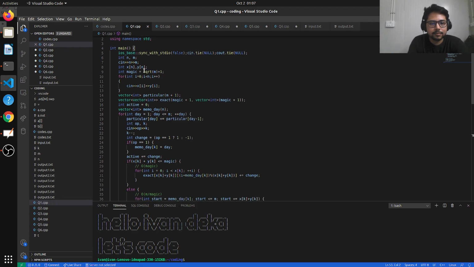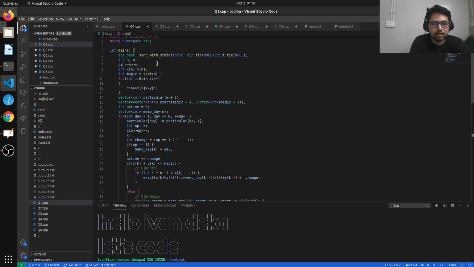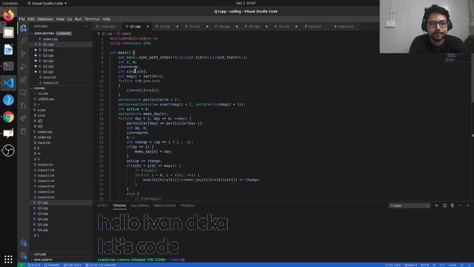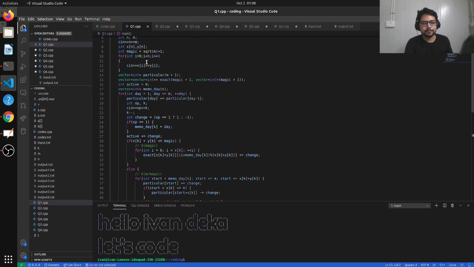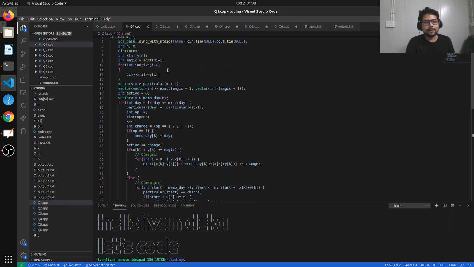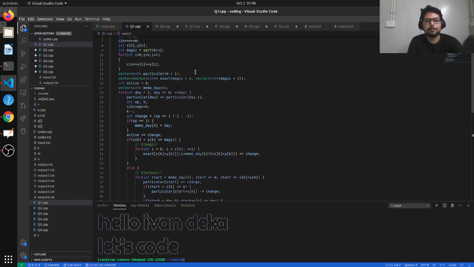Okay, so basically first we are taking in n and m, and then we have x and y arrays that represent the working time and the maintenance time for the ith train from 1 to n. Then we have a vector called particular.